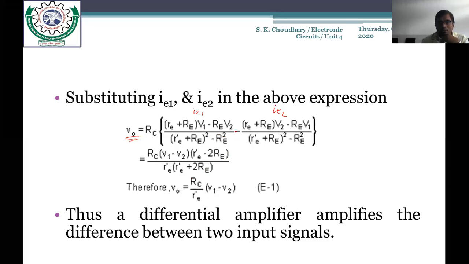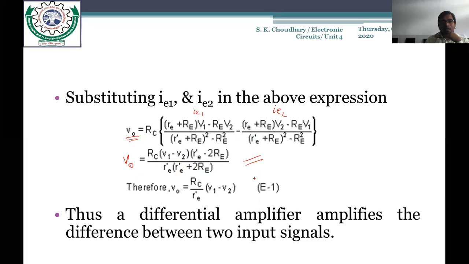So you would finally find the equation of V0, that is RC into (V1 minus V2) into (RE dash minus twice of RE) upon RE dash into (RE dash plus twice of RE). This is your exact value of output voltage, but you can also do the approximation as well.